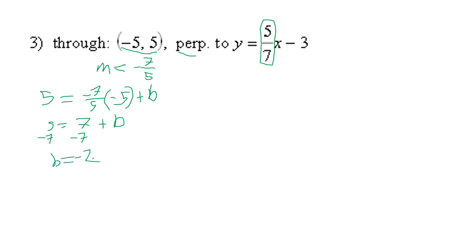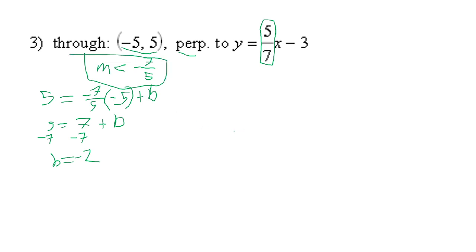Alright, everyone pay attention to this, because this is where you're going to make a mistake. When you plug in and rewrite the equation, when you rewrite your y equals mx plus b, make sure you use your new slope. You have to use your new slope here.